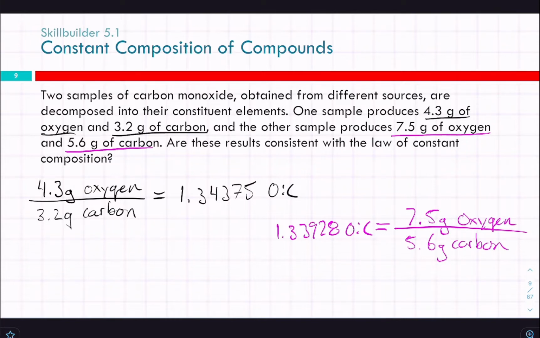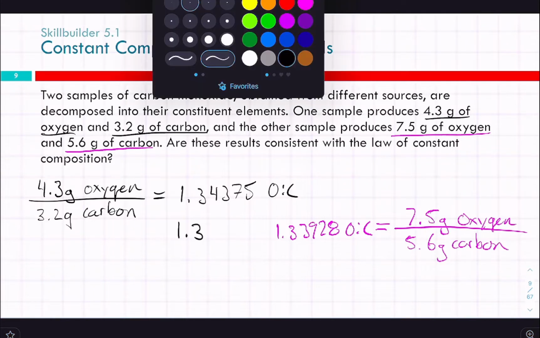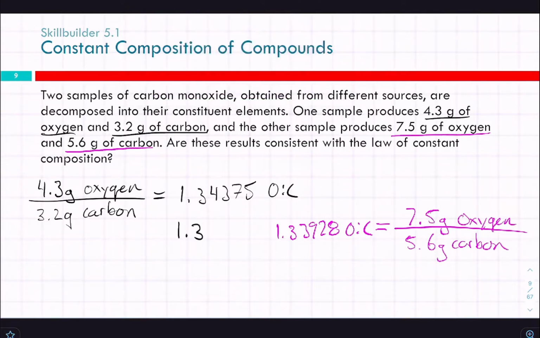So, are they the same? Yeah, they're close enough. And actually, if we use our sig figs, then the significant figures of our first answer is just 2 sig figs. So this will be 1.3. And then the sig figs of our second answer is the same, so 1.3.